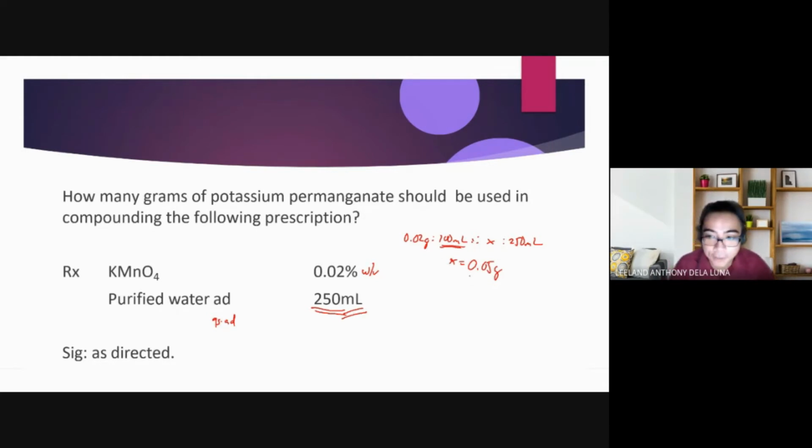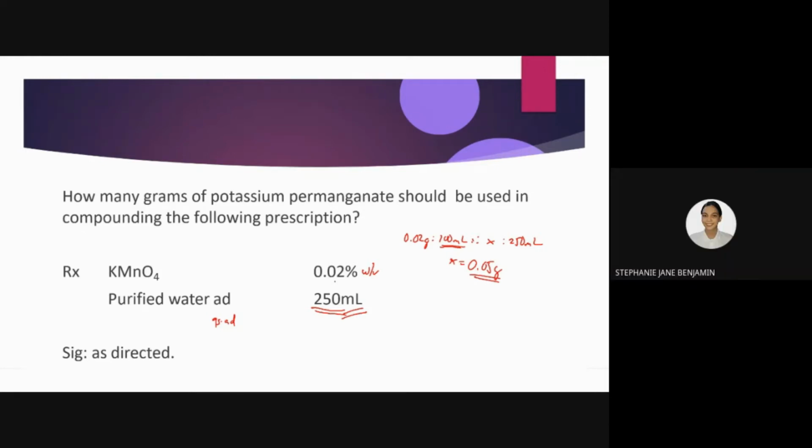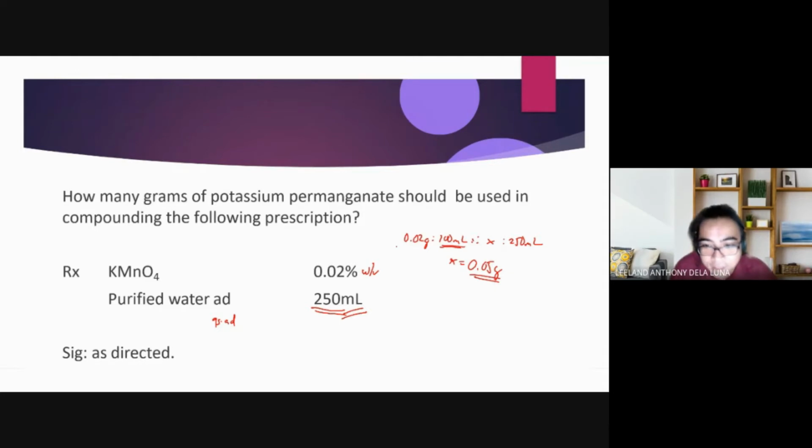So, 0.05 grams class ng potassium permanganate ang kailangan kong tunawin sa tubig to make a 250 ml solution containing a concentration of 0.02%. Make sense? Does that make sense? Okay. Yes. So, pwede naman natin class subukan. Tingnan natin kung ilang percent yan. Okay, di ba sabi natin, solute divided by solution lang naman yan eh.